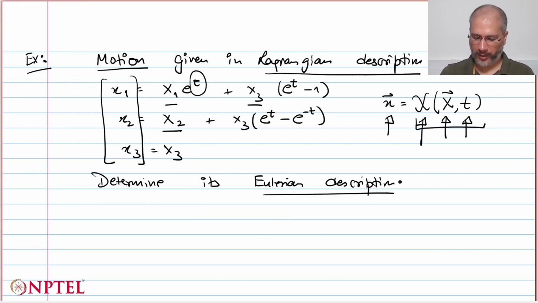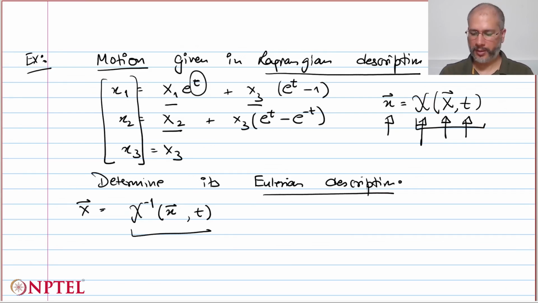That is, we want to find out the chi inverse, which takes in the spatial coordinates small x and t, because in Eulerian description, you fix your interest at a specific position in space and find out what happens to the quantity over time. So this is the function we need, which is actually equal to capital X.